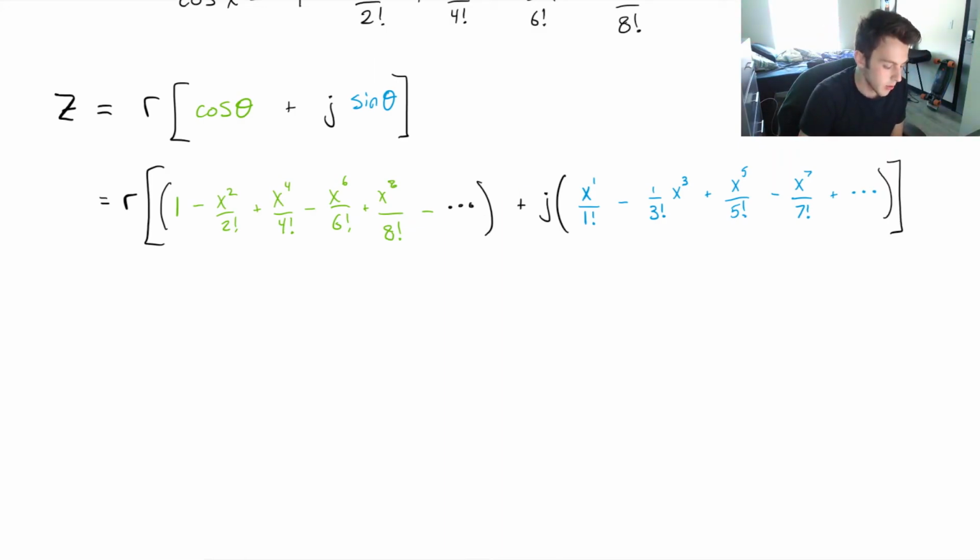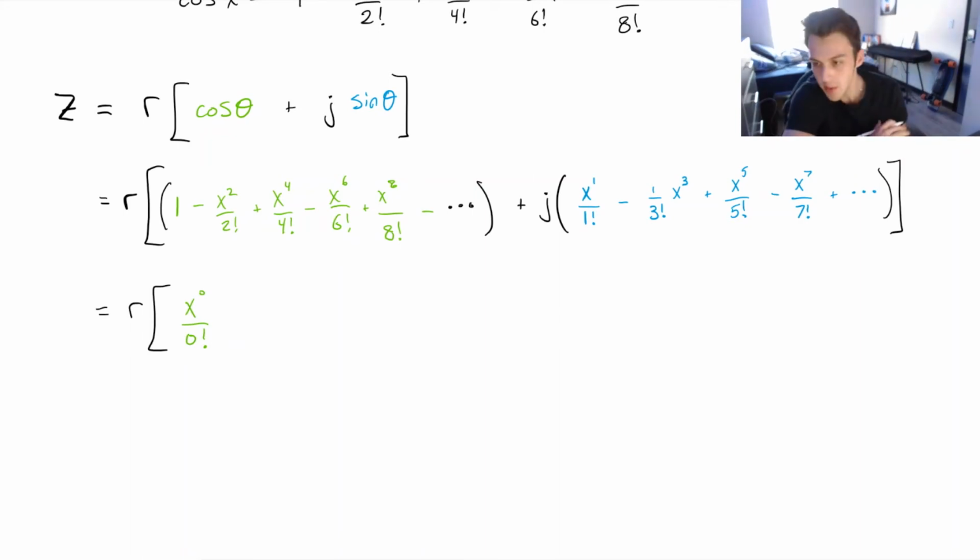And now what I'm going to do is I'm going to distribute the j inside of this sine theta term, and I'm going to rearrange it in terms of the degree, okay? So we're going to do that now. I'm going to start off. So we'll have 1, and I'm just going to rewrite this as x to the 0 over 0 factorial, because that's equal to 1, but I want to write everything in terms of x, okay?